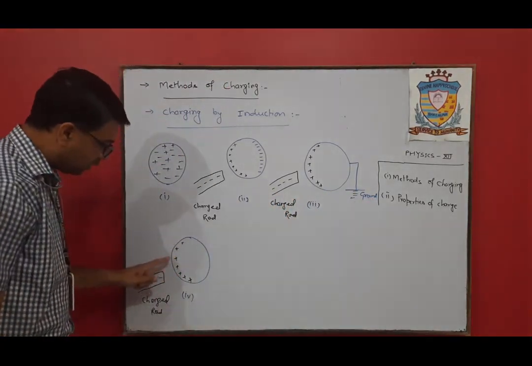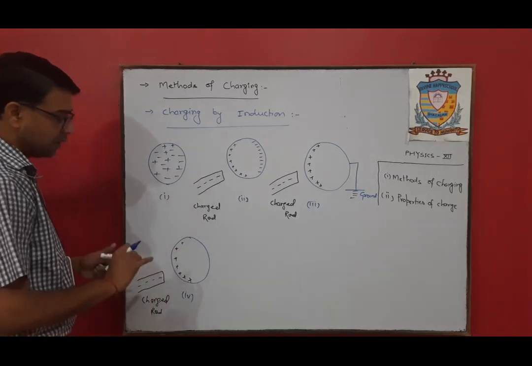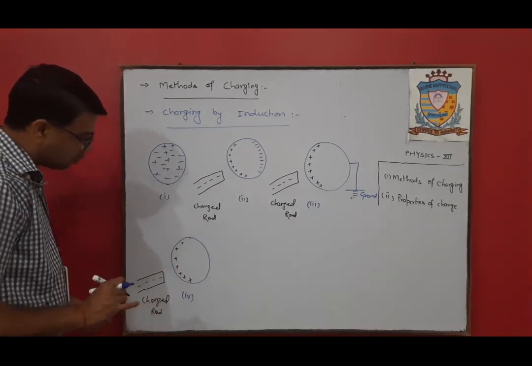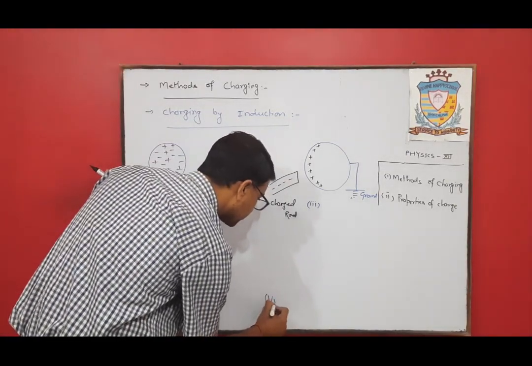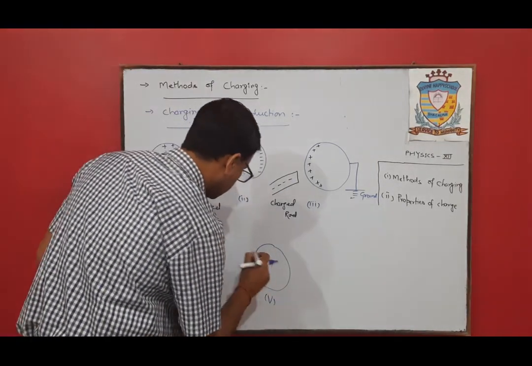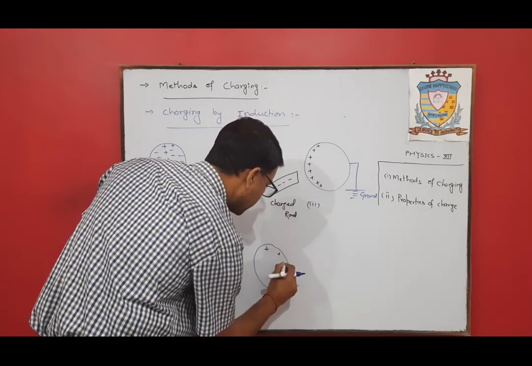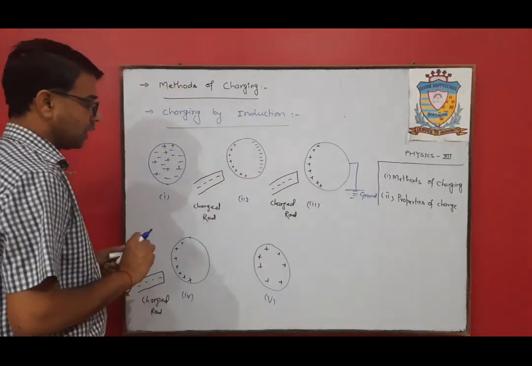Okay, now we will see only positive charge appears at this end of the sphere. Now we will simply move the charged rod away. So in case 5, this metallic sphere becomes positively charged.